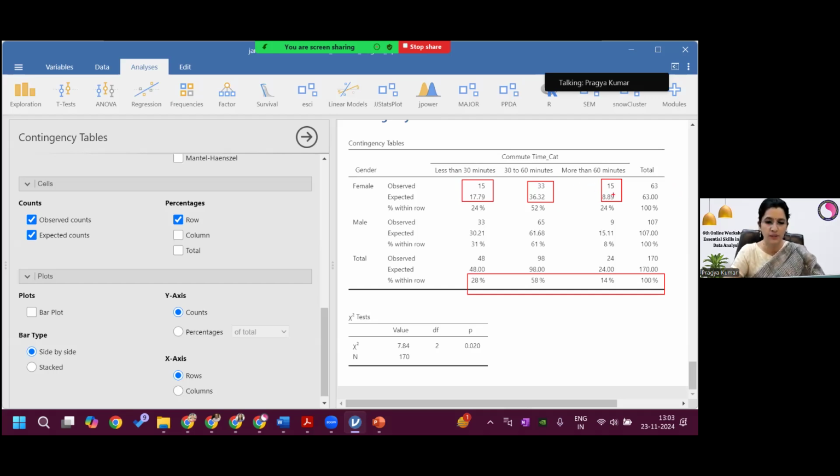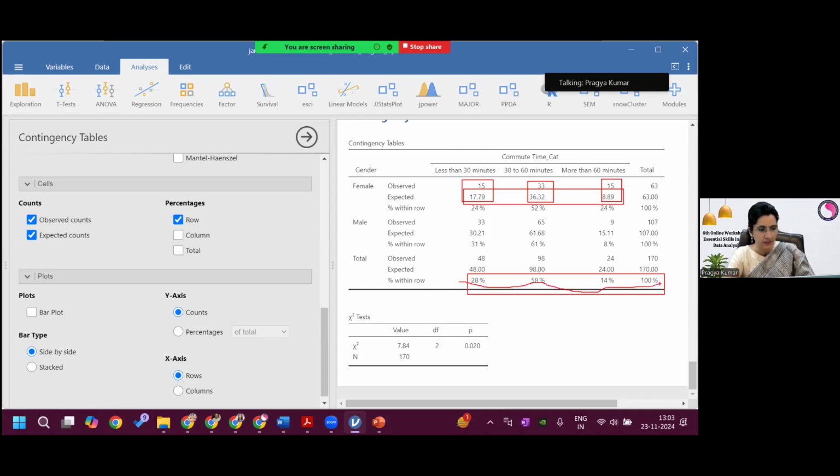Okay, it is approximately 8.89, so it is also 9. Similarly, if you calculate 58% of 63, it will be 36.32. So the expected values, 17.79 and 36.32, maintain the same percentage as you can see here.